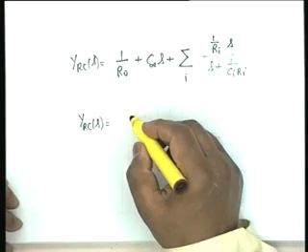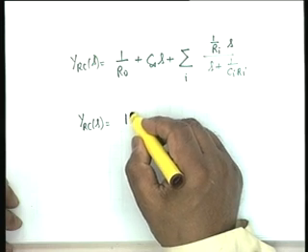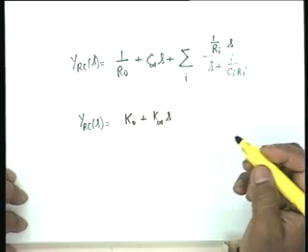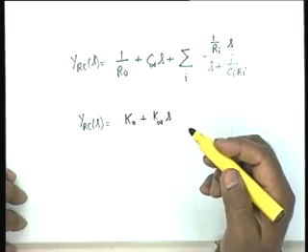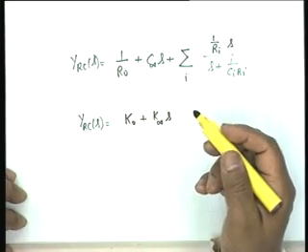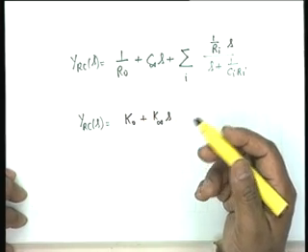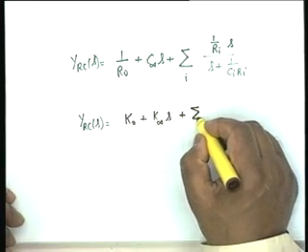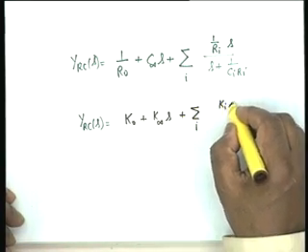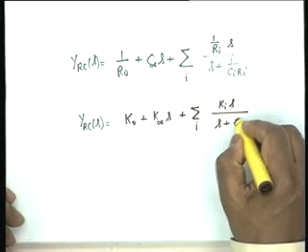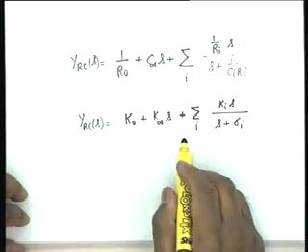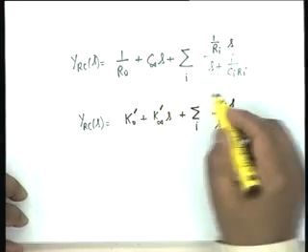Now the most general form therefore shall be of the form K0 plus K infinity S plus summation i Ki S divided by S plus sigma i. If you want, we can use a different symbol, because we used K for the residues, but I think it should be clear in the context. This is the situation. Let us use a prime.